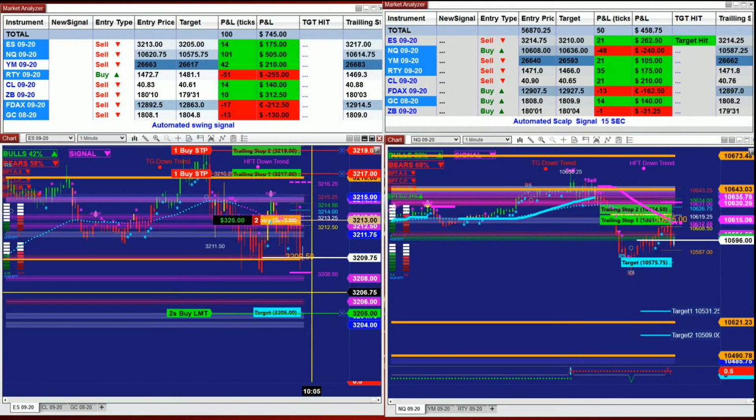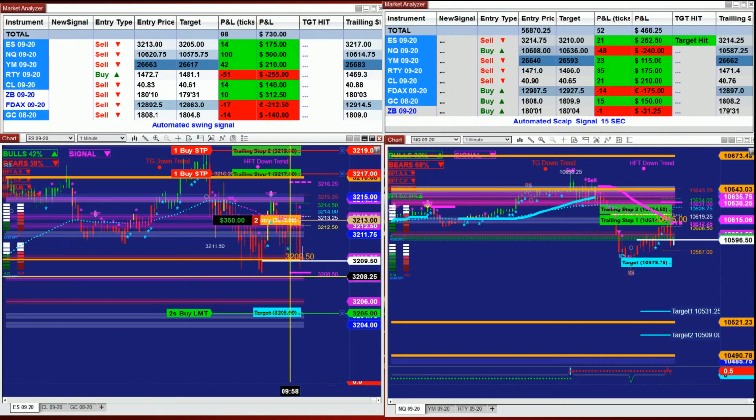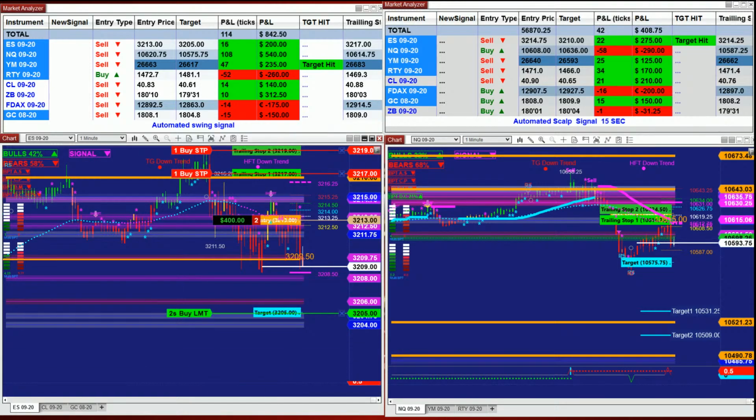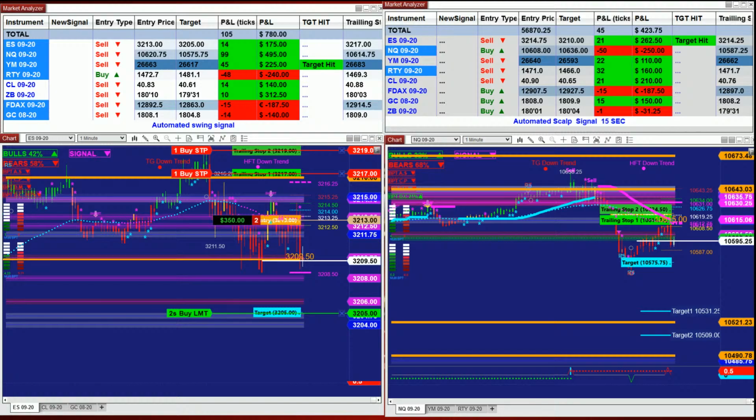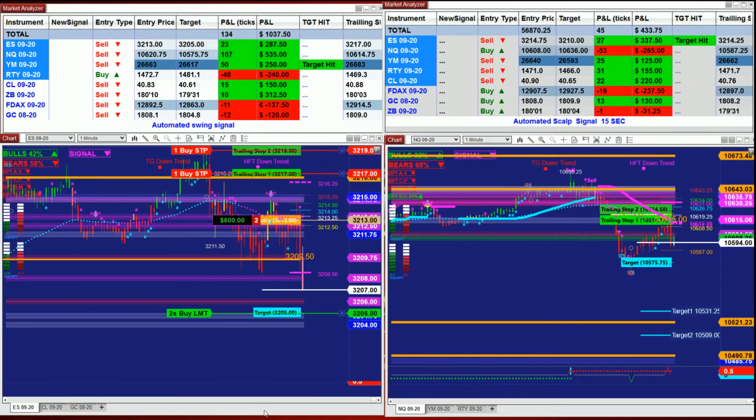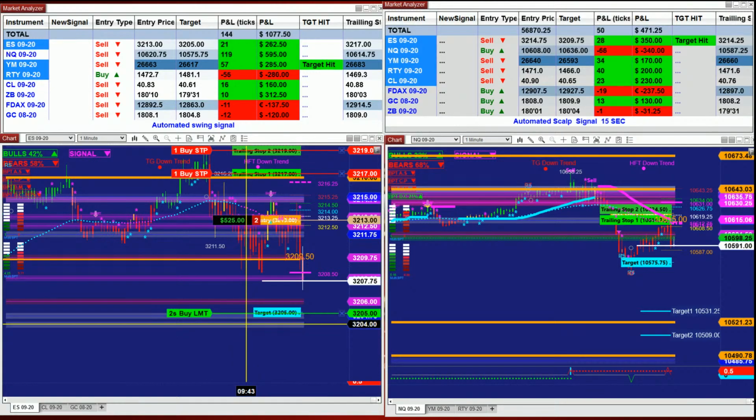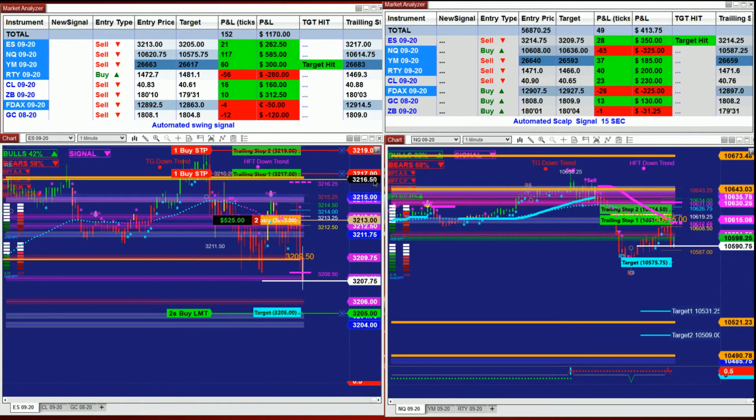For the ES traders, if we have a support area at 3208.25, if we cross it, that means we are in a good direction in the market. If we don't, then there we go, we crossed that line. Let me see.